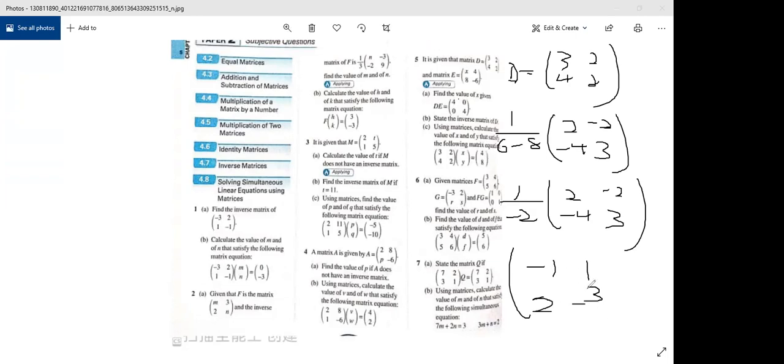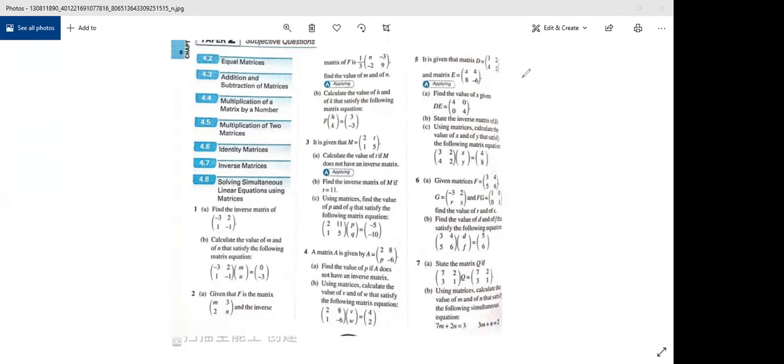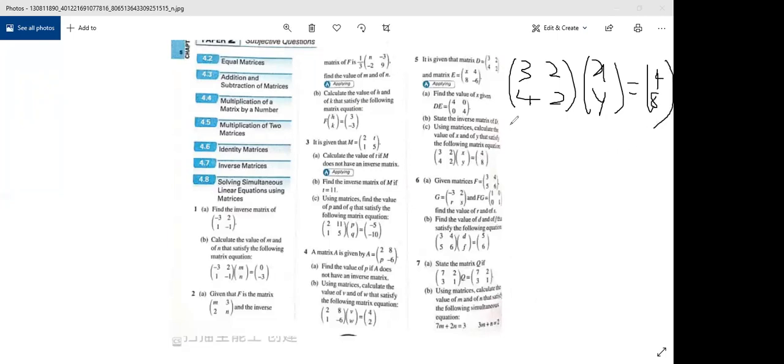Okay. So we do C. Using matrices, calculate the value of x and y that satisfy the following matrix equation. So as you can see, you stated an inverse matrix of D. When you want to solve this next question, you can either copy down or do another step. But for us, we recommend you copy down the answer you got in the last question.